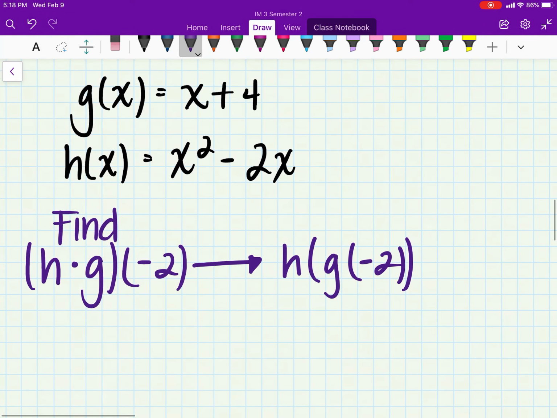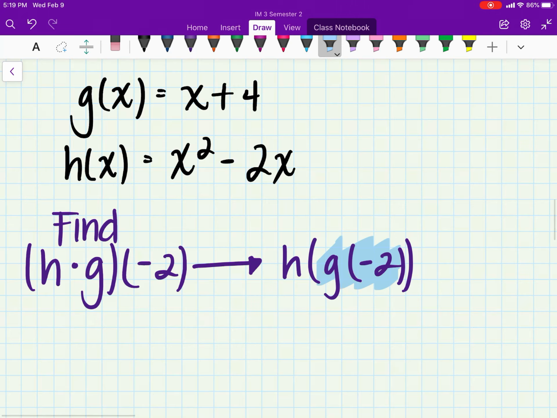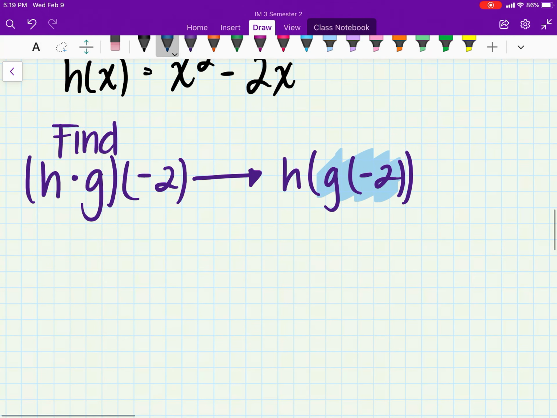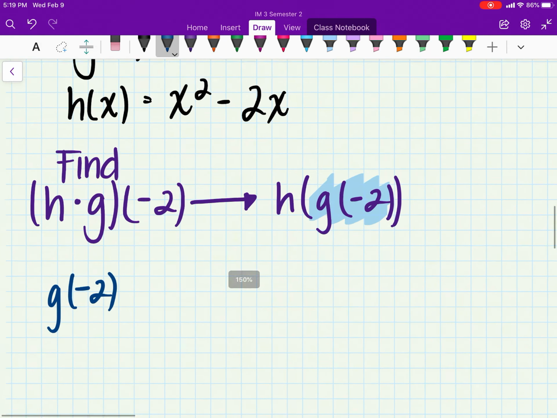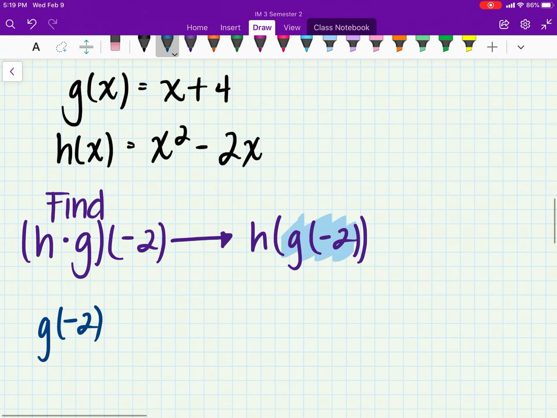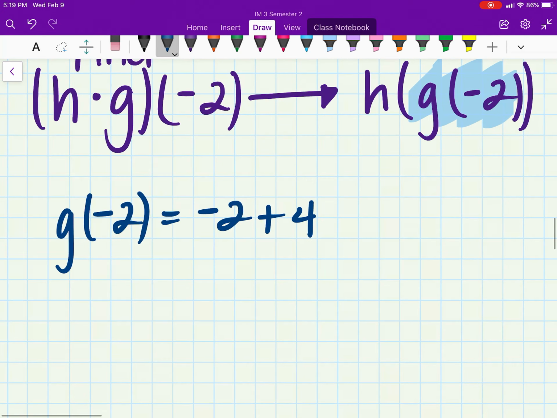All right. Now, once again, we're starting inside out. So we're starting off with the inside first, which is g of negative 2. So g of negative 2, it's telling me that with g of x, wherever I see an x, I'll be substituting it for a negative 2. So negative 2 plus 4. So in this case, guys, what is negative 2 plus 4?